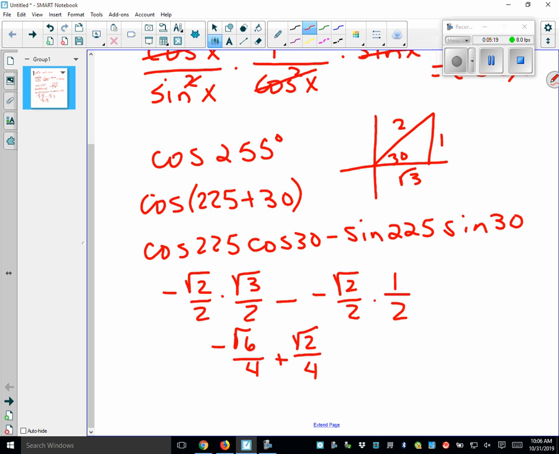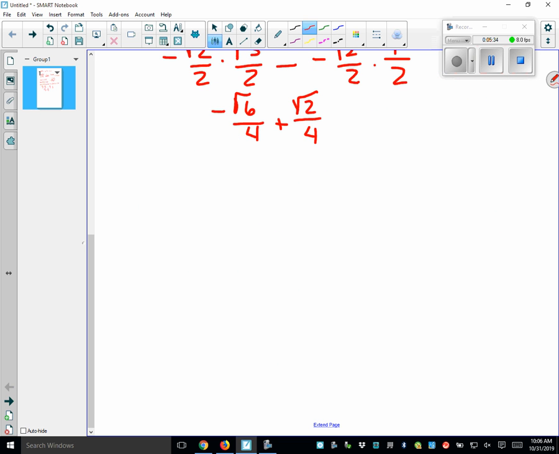Radical 2 minus radical 6 would be fine either way. Everybody okay with this? By the way, the directions say use addition or subtraction to find the exact value.